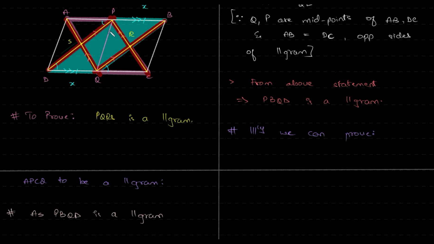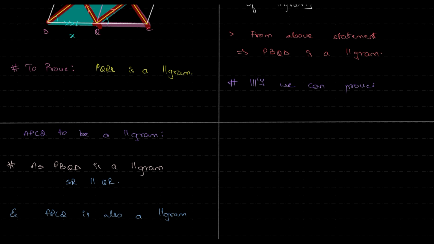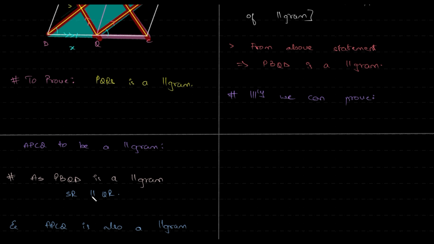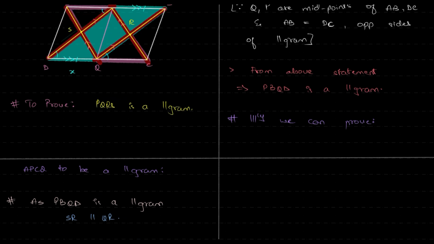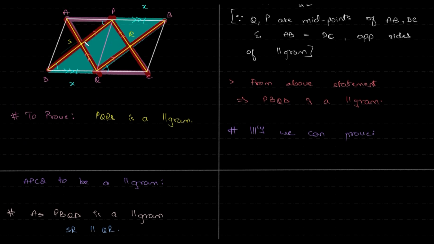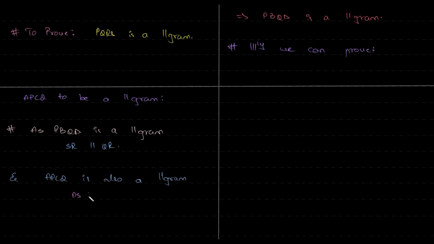And that's not true also. SR is parallel to QR is what we have to write over here. And over here we have PS parallel to QR.